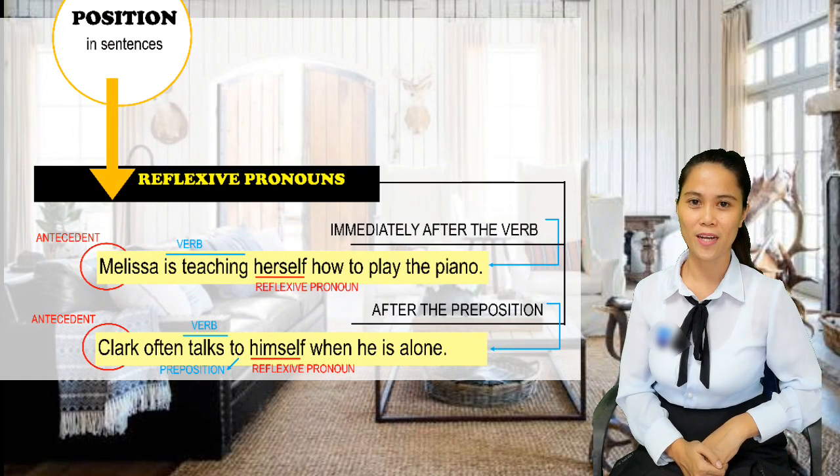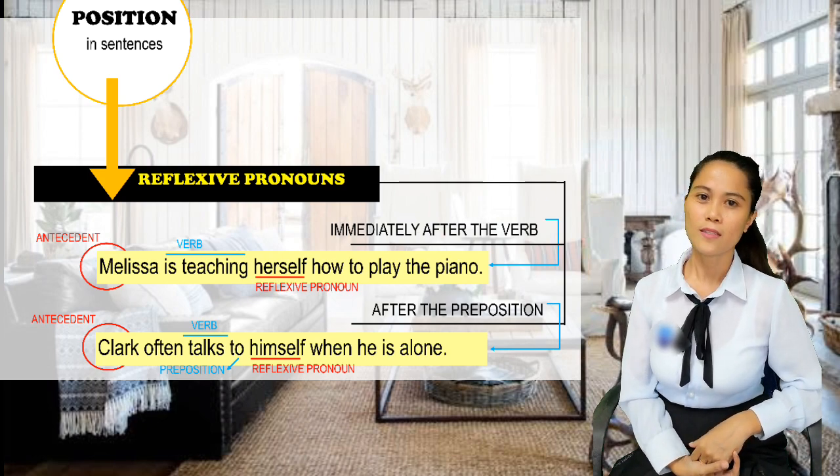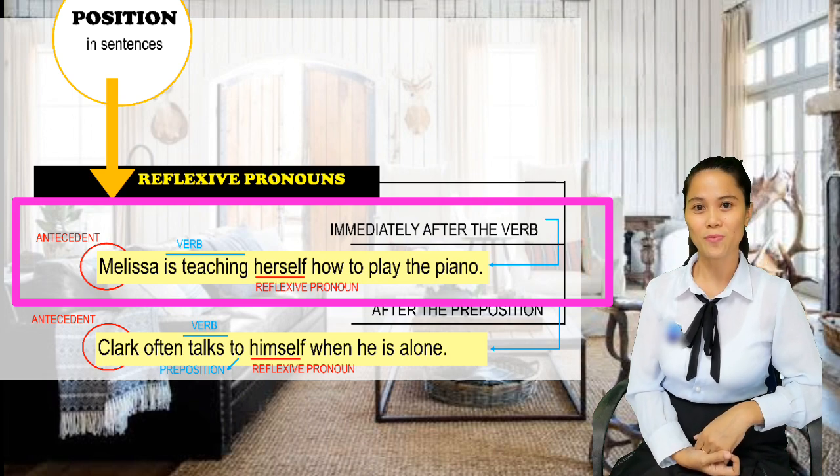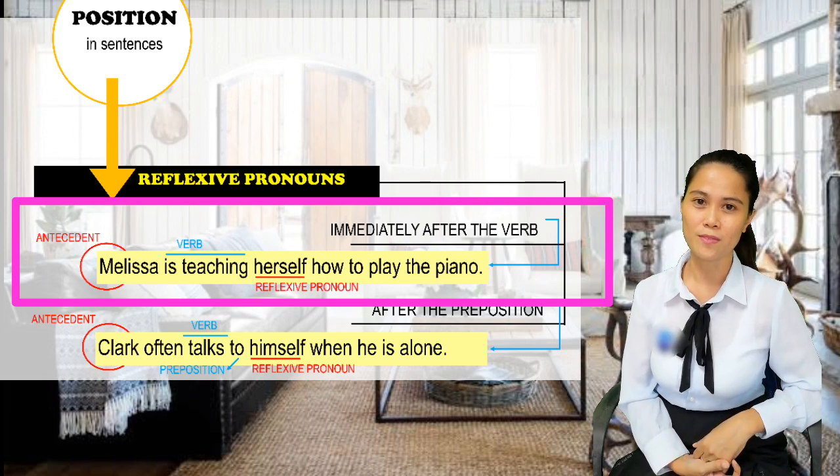Next, the reflexive pronouns. As I said, the reflexive pronouns are mirroring back to the antecedent. So where can we find it? We can find a reflexive pronoun immediately after the verb. So if we say, Melissa is teaching herself how to play the piano. Melissa is the antecedent.